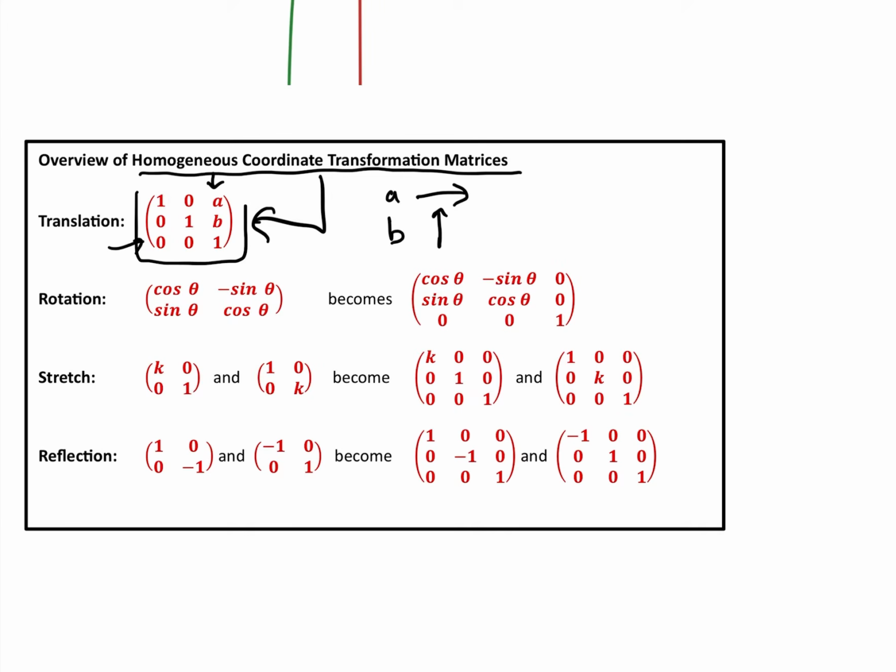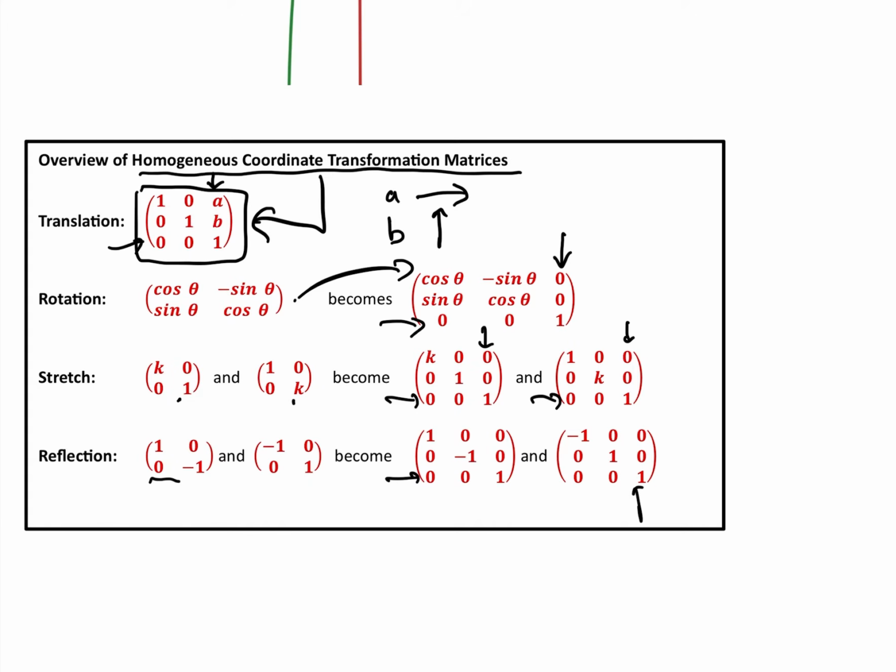Now, once we have this translation matrix here, then we adjust our linear transformation matrices. So cos minus sine, sine cos becomes this, where we add 0 0 1 here and 0 0 1 here. Ditto stretch, and ditto reflection.